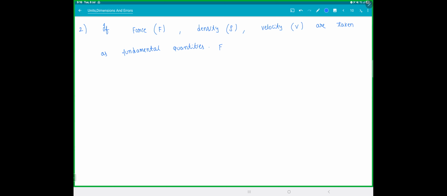Find the dimensions of mass. Mass is not the fundamental quantity here. I have taken force, density, and velocity as fundamental quantities. Find the dimensions of mass.